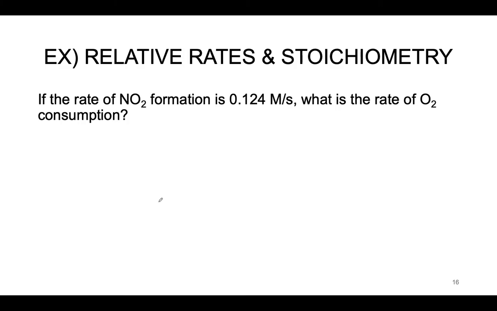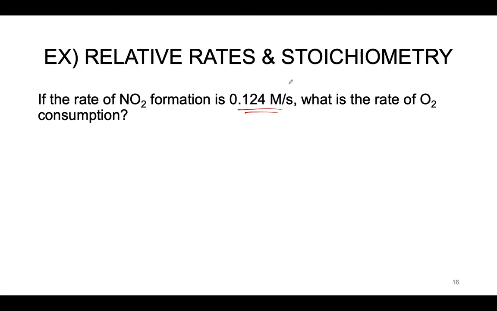All right, so far we have seemingly not discussed much, but maybe it does feel like it's been a lot. We, again, in summary, have been looking at reaction rates as measured through concentration changes over time. So here in this example slide, we are told that the rate of NO2 formation in the previous reaction is 0.124 molar per second.